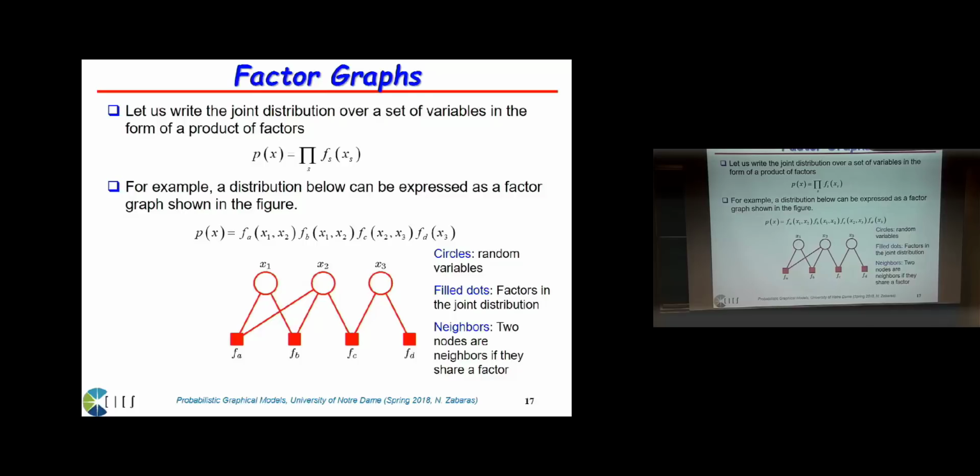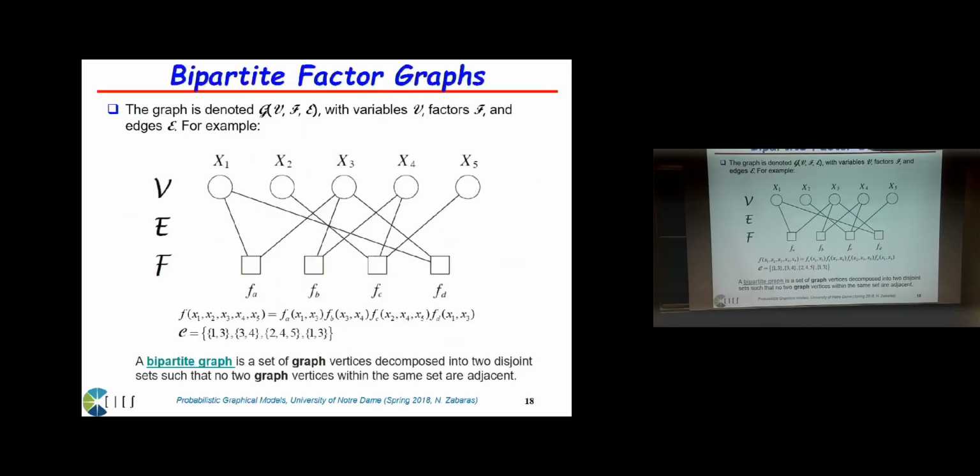So here is a decomposition of the joint distribution, and you notice I have factor FA, which involves two variables, FB, two variables, FC, two variables, and FD alone. This is actually what is called a bipartite factor graph, okay? You notice there are no connections between x1, x2, or x2, x3, or between FA, FB, FC, etc.